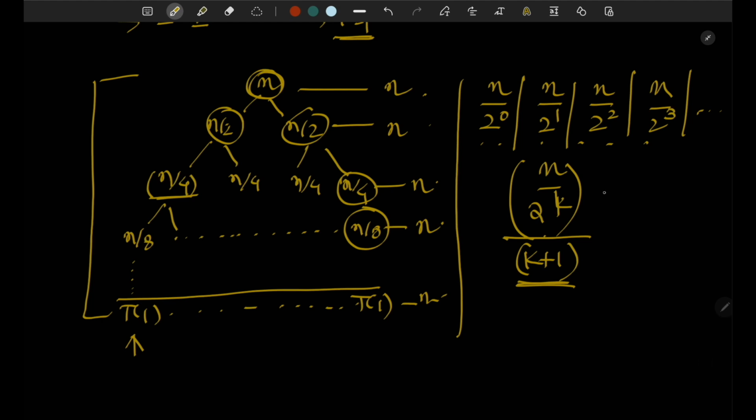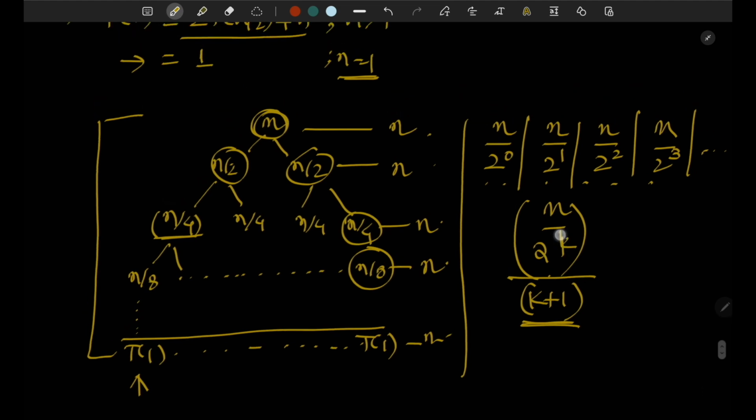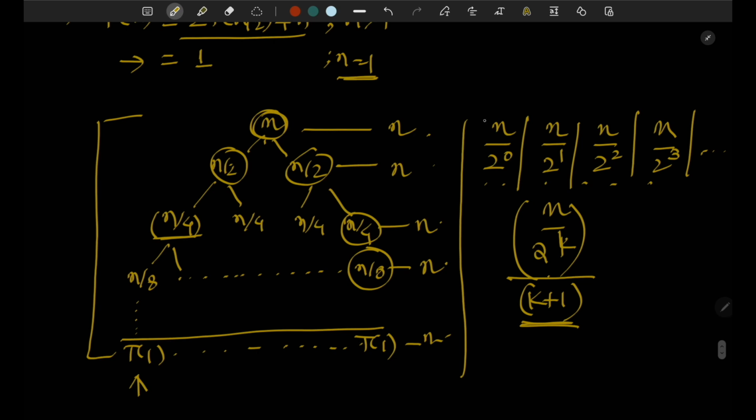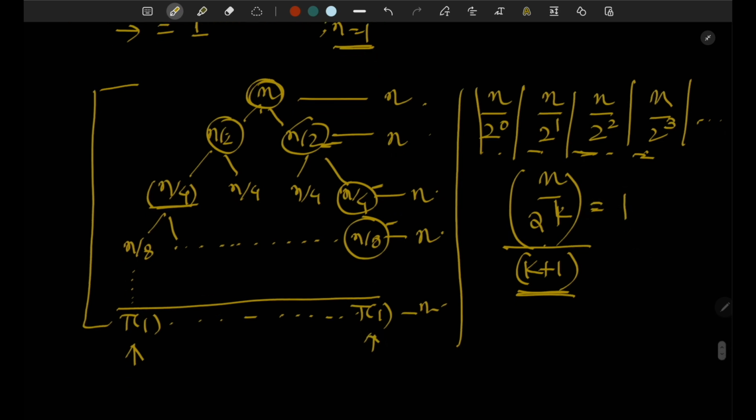And effectively this is as good as writing that this was represented by this, and likewise what we have here is 1, and this is represented by 1. So what it means is n is 2 to the power k, right? And when we have n as 2 to the power k, what is the value of k? It's log of n to the base 2.